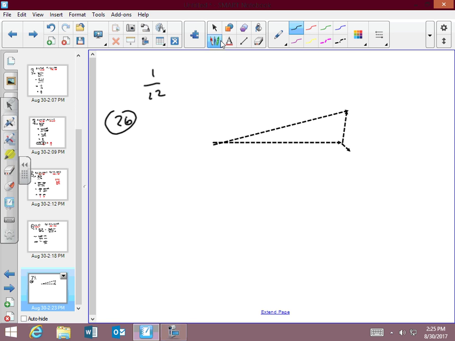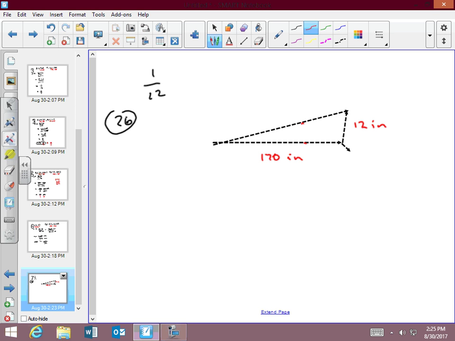Which one of those things on that ramp is 12 inches? Which one are you going to label 12? Okay, the vertical part, right? This is going to be 12 inches. What's going to be the 170? Is it up the ramp, or is it this one, or is it this one? Okay, it's this one.